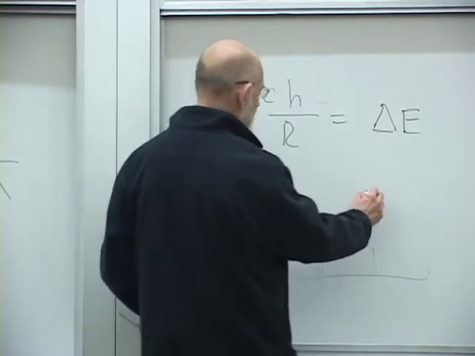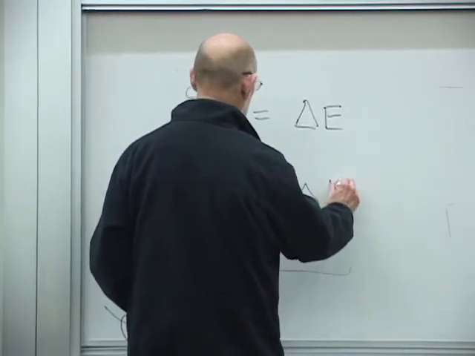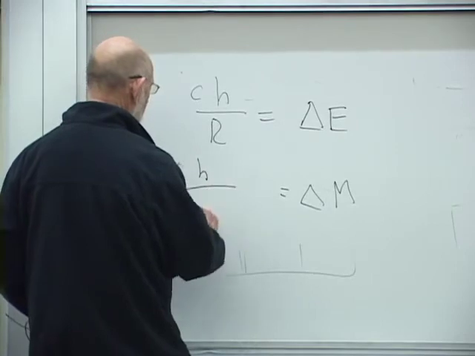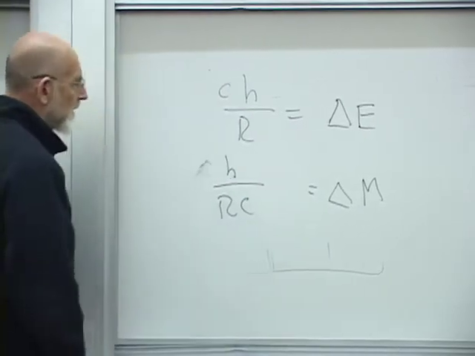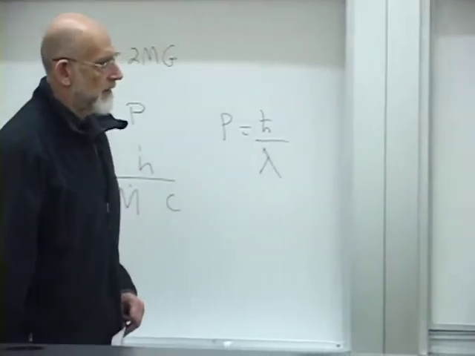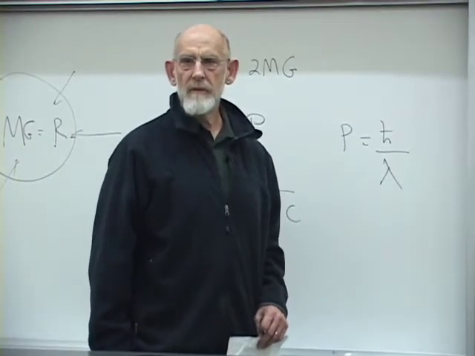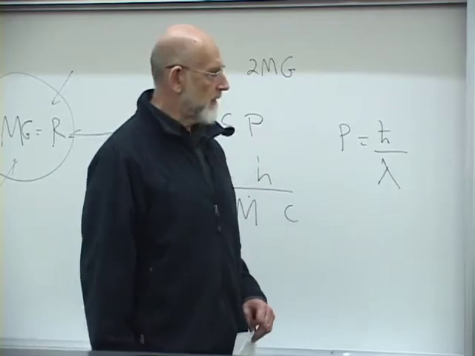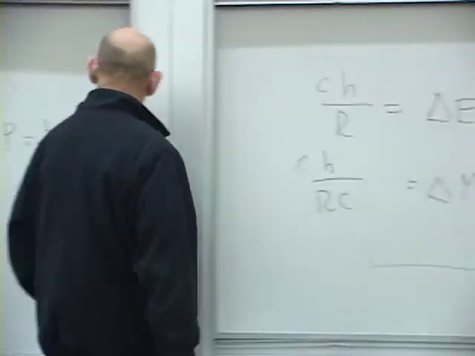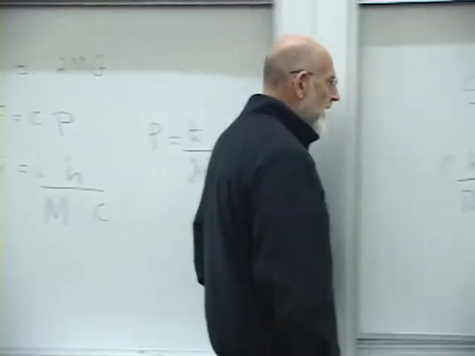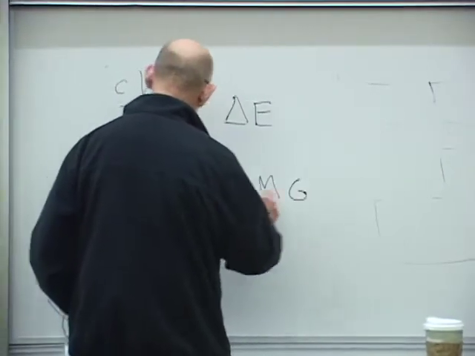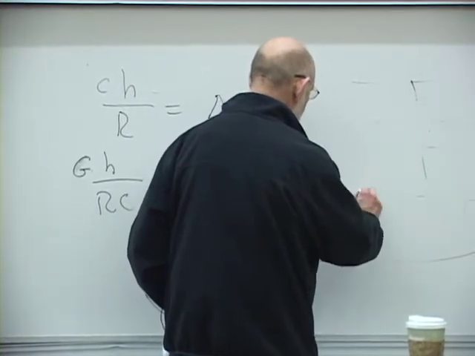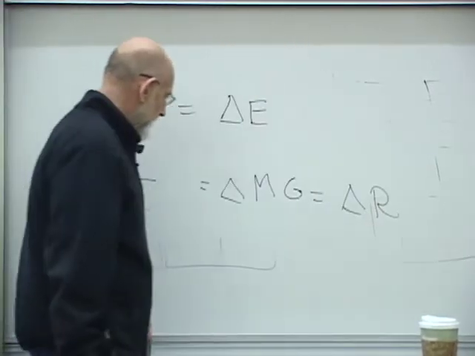The change in mass is equal to h over rc. Agreed? Have I confused you thoroughly? Okay, good. That's the change in mass. And now if I multiply it by g, it gives me the change in radius. This is the change in radius of the black hole.